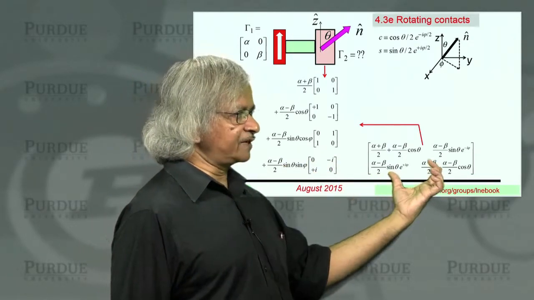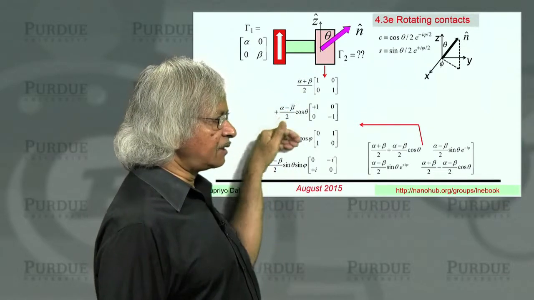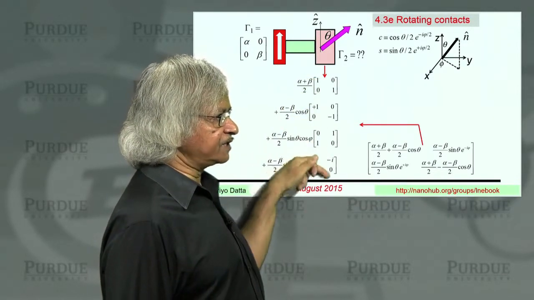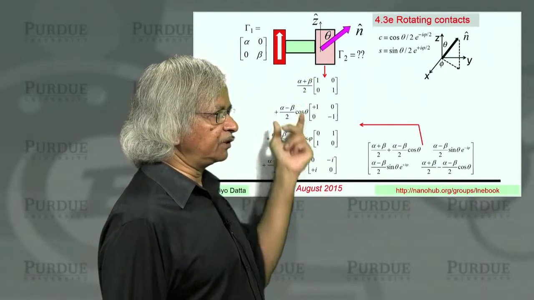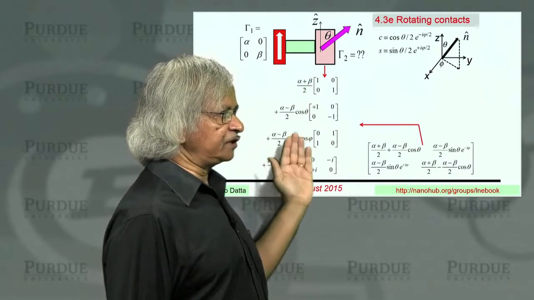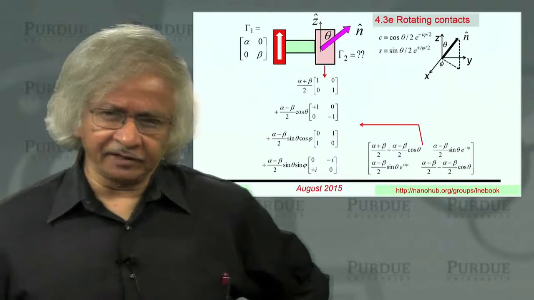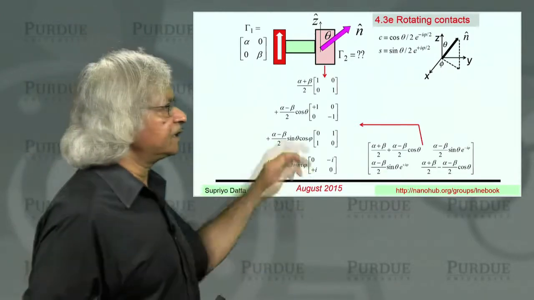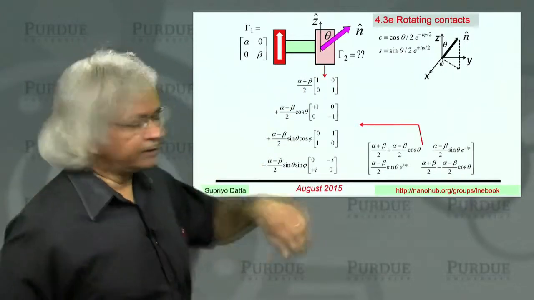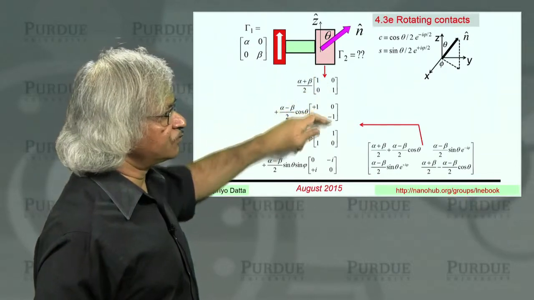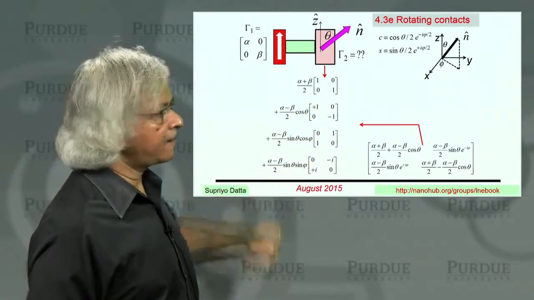So this matrix then can be written as the sum of 4 matrices, each one with its own coefficient in front. This actually is generally true. You could take any 2 by 2 matrix and write it in terms of these 4 matrices. See?